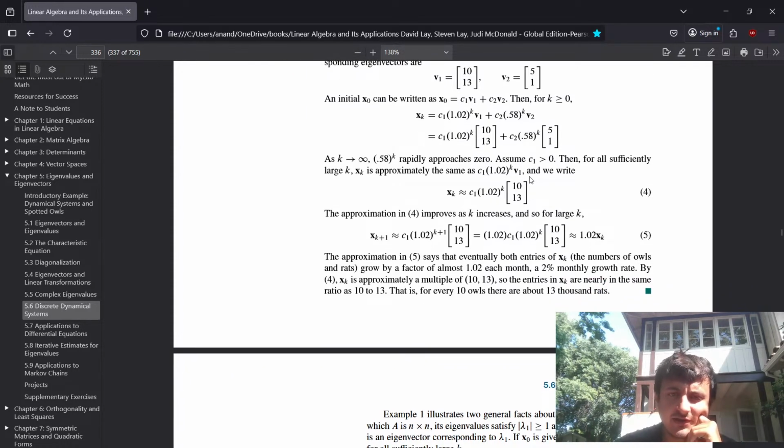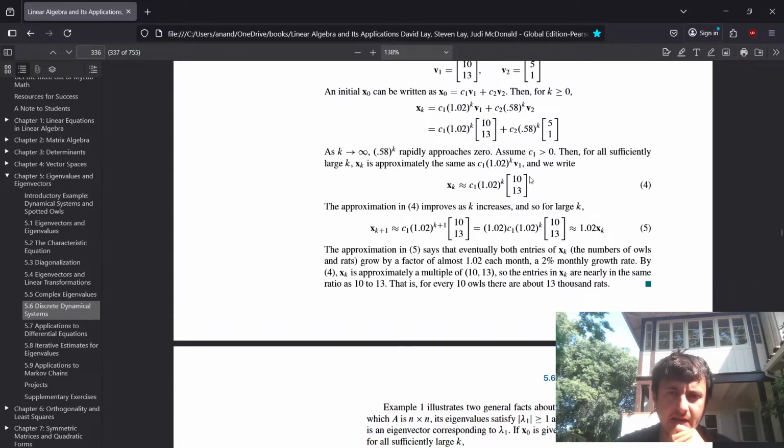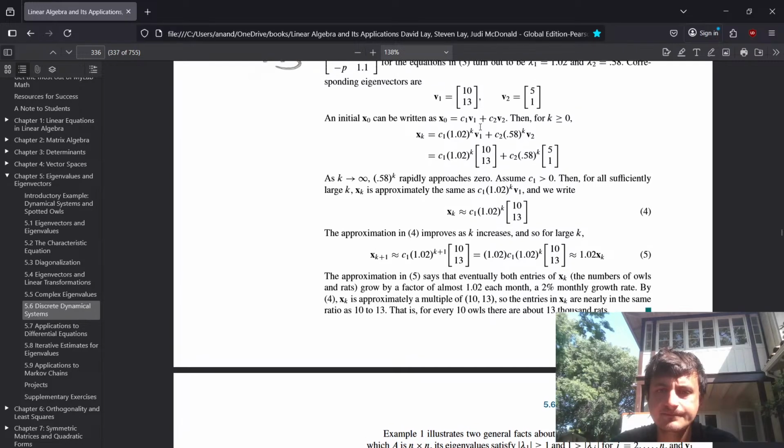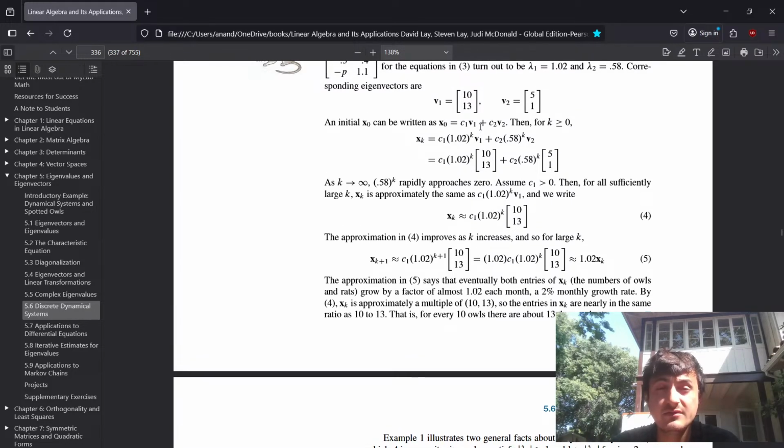As k goes to infinity, 0.58^k rapidly approaches 0. Let me think about this.